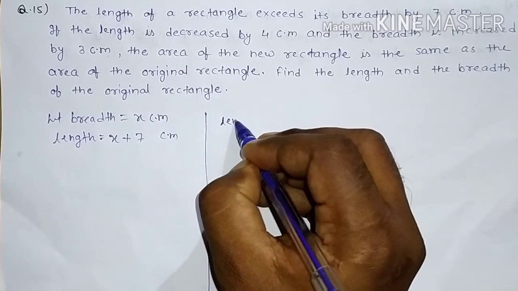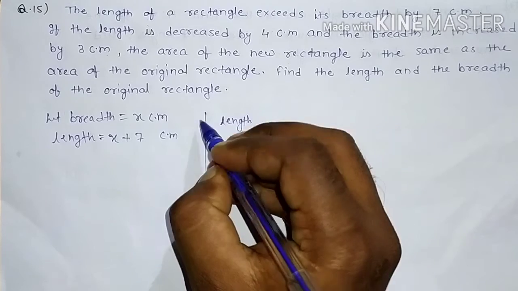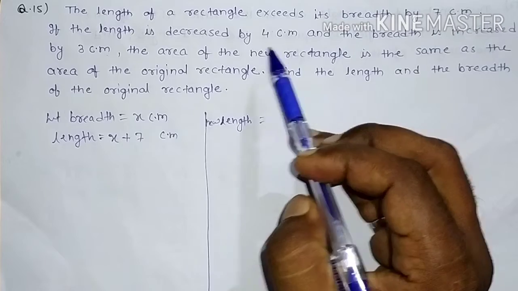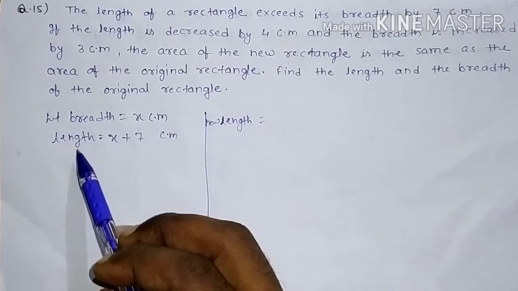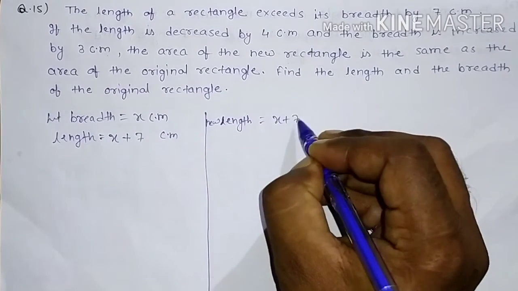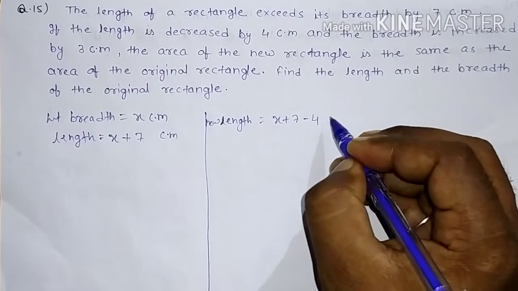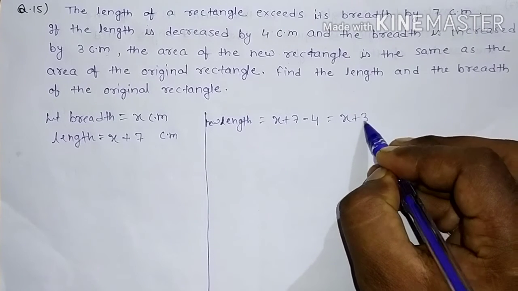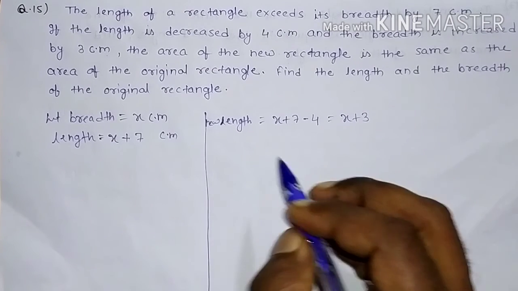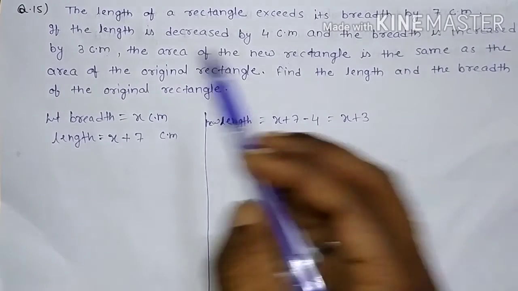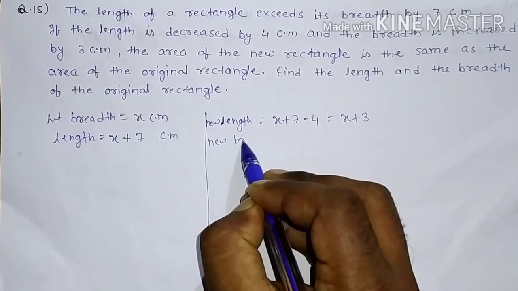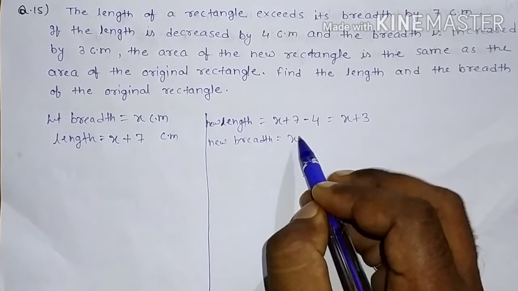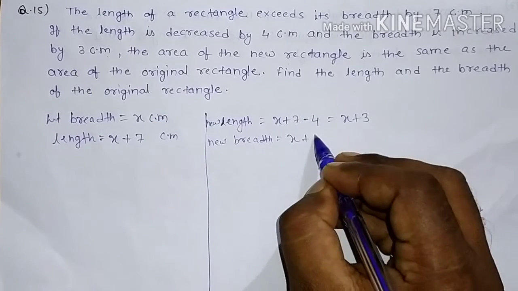Here the new parameter is given, new length equals to, if the length is decreased by 4 centimeter, so length is x plus 7 and it is decreased by 4 centimeter, so it will be x plus 7 minus 4, that is x plus 3, and the breadth is increased by 3 centimeters, so the new breadth equals to, breadth is here x centimeter and it is increased by 3 centimeter, that means x plus 3.